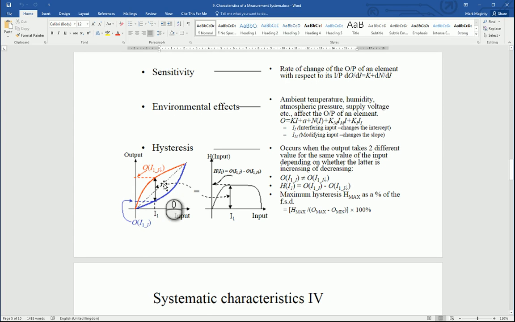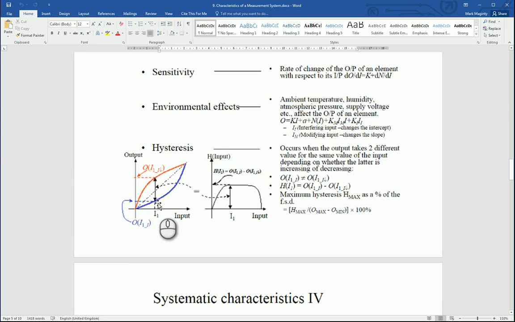So your linearity ideal constant here is the dashed line that you see. The real constant here is the blue line of the hysteresis, so as the temperature rises, the resistance is going kind of slow and produces this point here at I1, which is output I1 underscore 1.